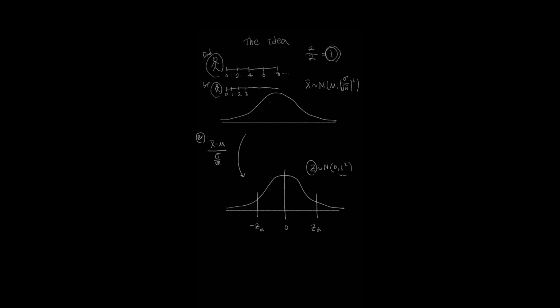So he walks 2 for 1 step originally, but because we divided by the standard, it becomes 1. This was just an example.